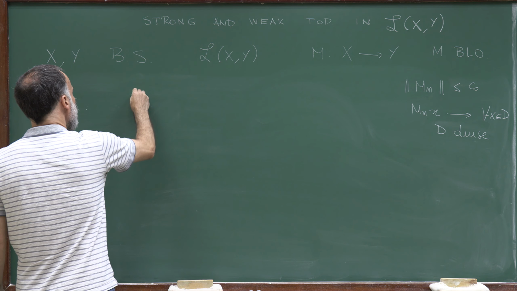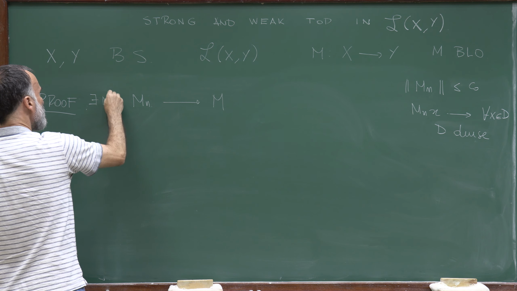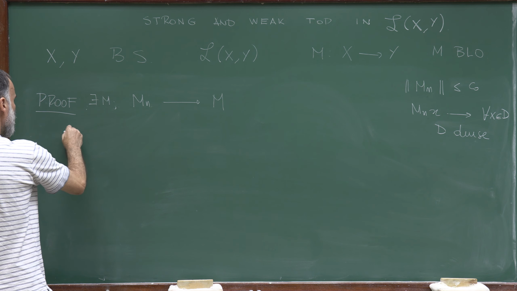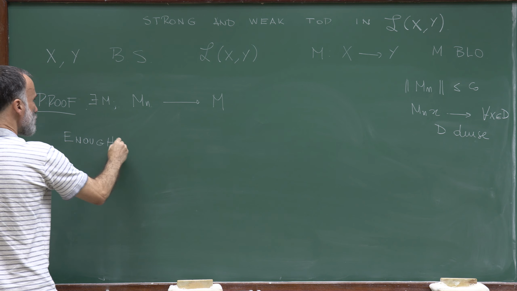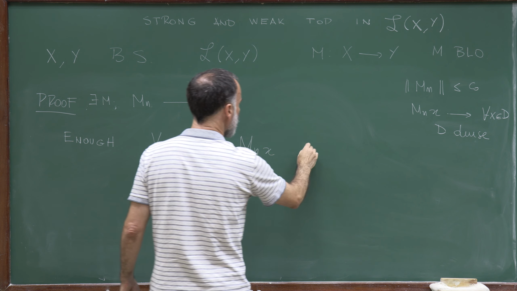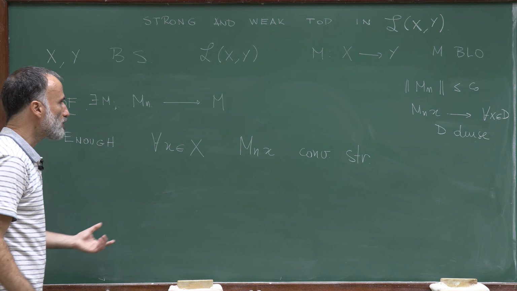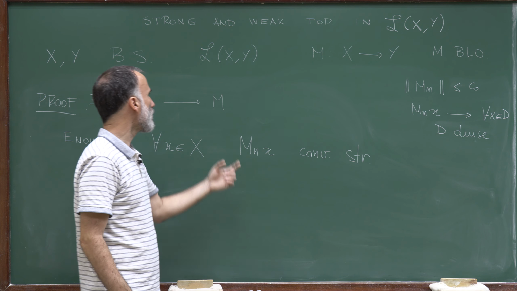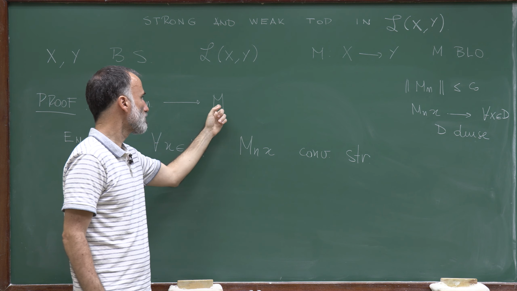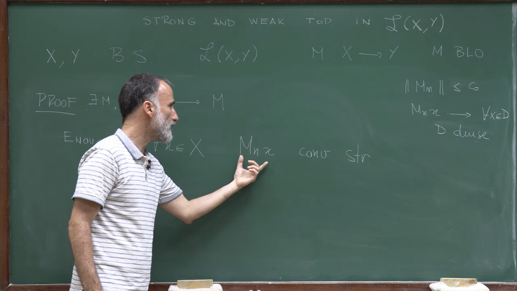So to prove that there exists M such that Mn converges strongly to M, we have seen earlier in this lecture that it's enough to show that for all x in X, Mn x converges strongly. Because if for all x, Mn x converges, we are able to construct a bounded linear operator M for which Mn x converges to Mx for all x in X. So it's enough to prove that for all x, Mn x converges.